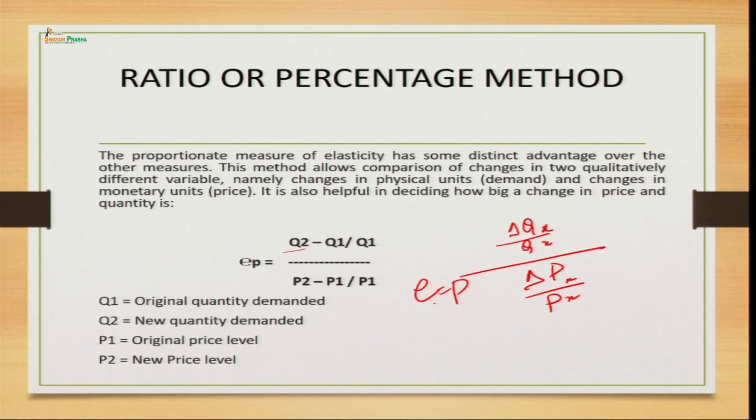This is how we can calculate what change has taken place in the quantity demanded because of a change in the price of a commodity. So, this is a very simple way of calculating price elasticity, and this simple formula can be used to measure price elasticity by the ratio or percentage method.